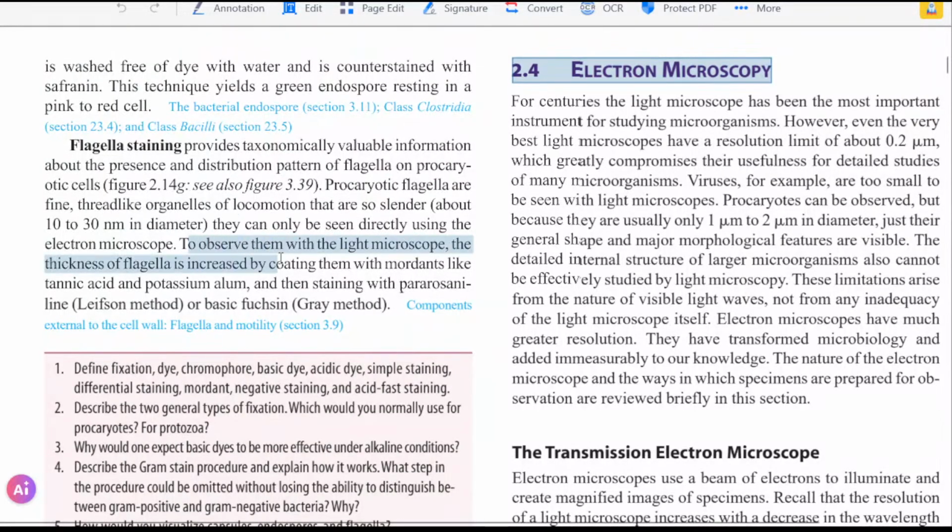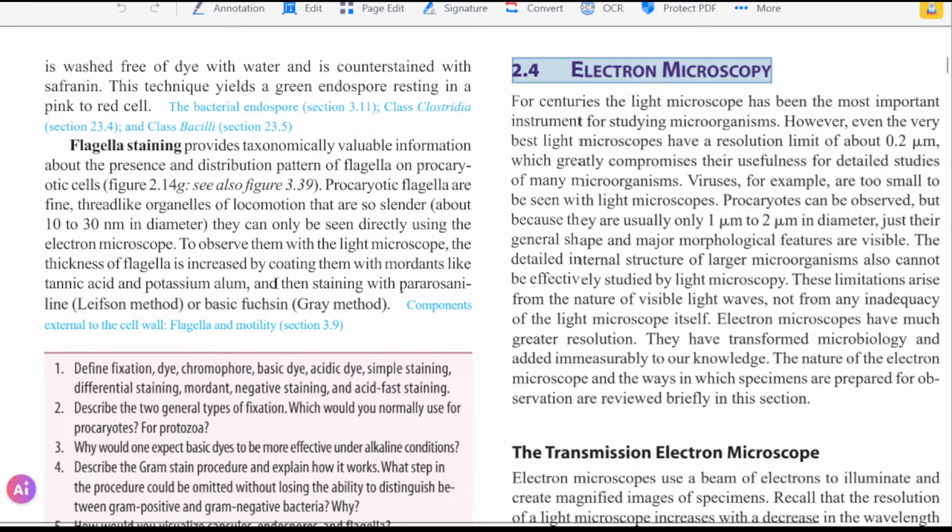To observe them with a light microscope, the thickness of the flagella is increased by coating them with mordants like tannic acid and potassium alum, and then staining with pararosaniline, by the Leifson method or the basic fuchsin method.